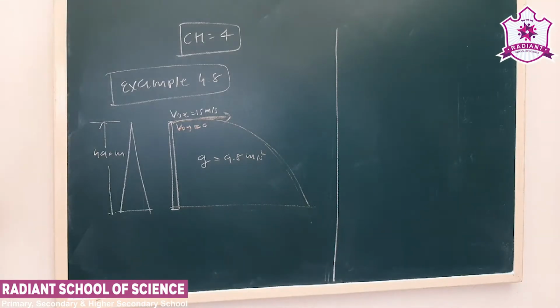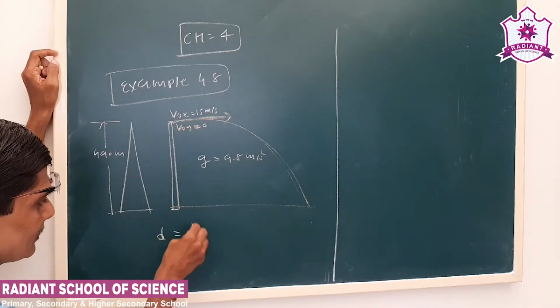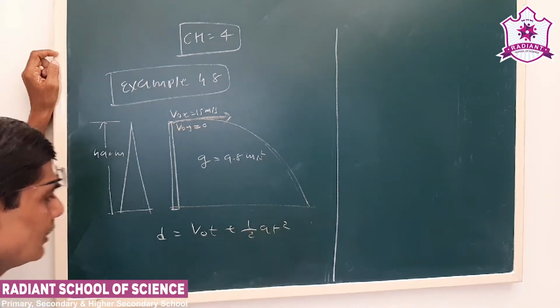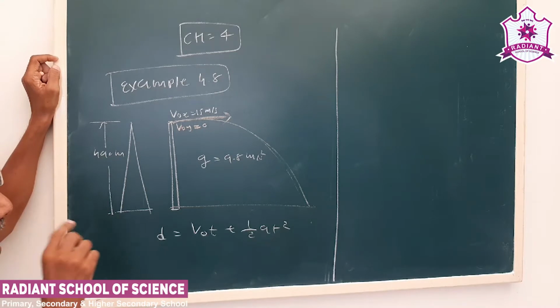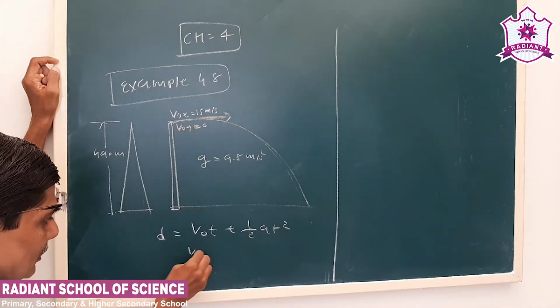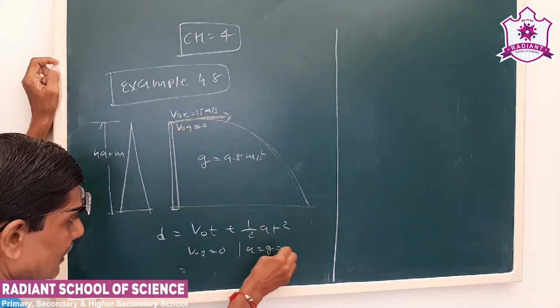First we calculate the time to reach the ground. Our formula: d is equal to v0 t plus half a t square. Here we have to take the y component of the velocity. v0y is 0 and a is g, that is 9.8.